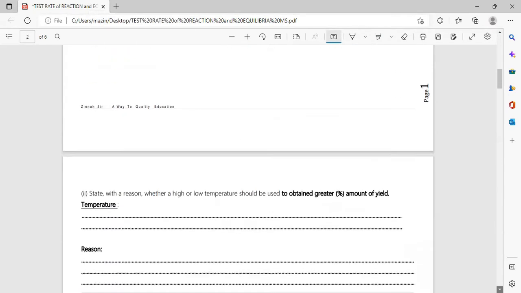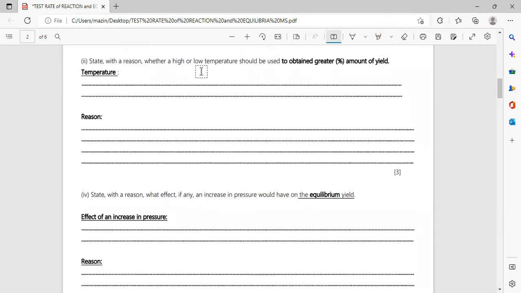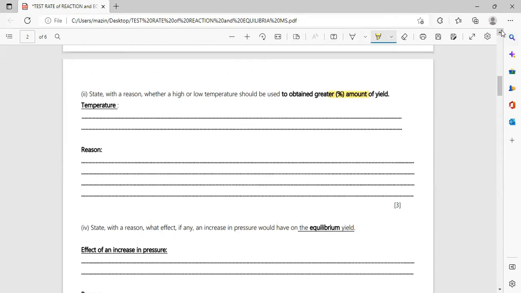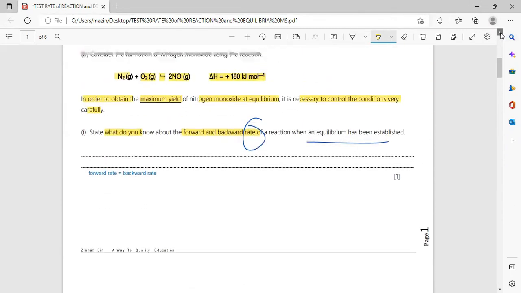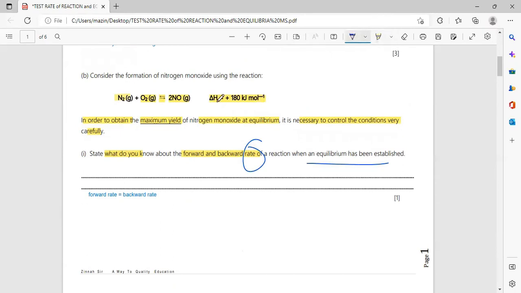And the next question: state with a reason whether high or low temperature should be used to obtain a greater yield. Greater yield means the equilibrium shifts to the right. To decide the temperature, you should say whether the reaction is exothermic or endothermic. We already have the equation, and the forward direction is endothermic.